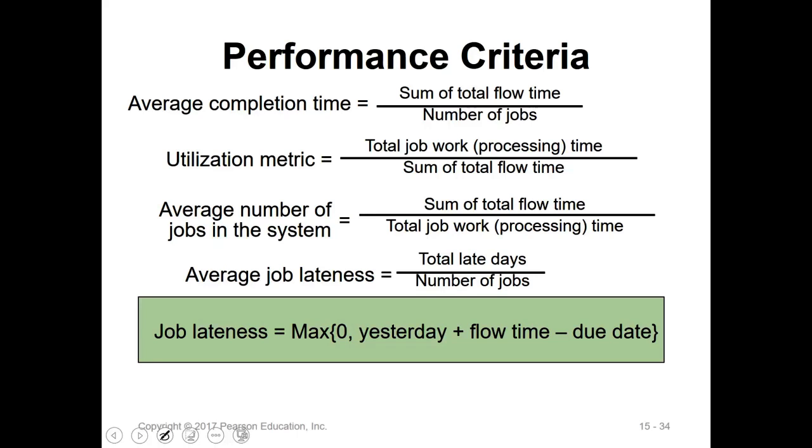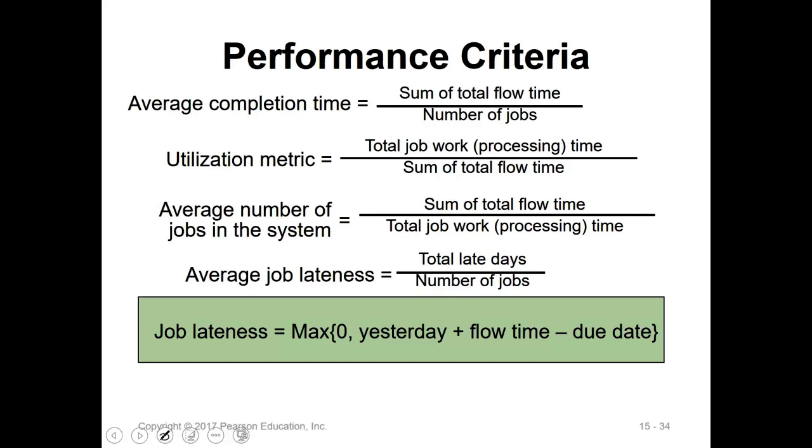So we have first come, first serve, earliest due time, shortest processing time, and longest processing time. We use all of the 4 sequencing rules, and for each of them we will calculate the average completion time, the utilization rate, and the average number of jobs in the system.